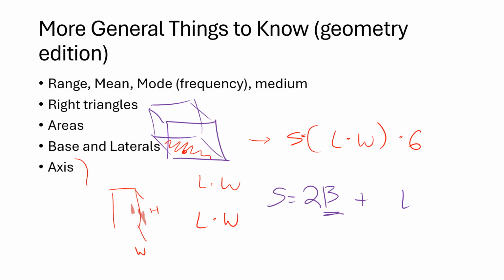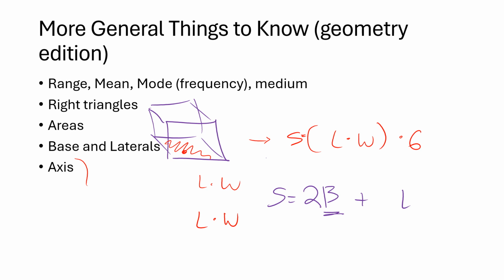You're very lucky that these laterals are all the same sides, because if it's a rectangle that has 2 different sides, or 2 different laterals, you have to account for both of those and add them as well. I'll get more into that on the later one next to this. It's just something that I wanted to say now.